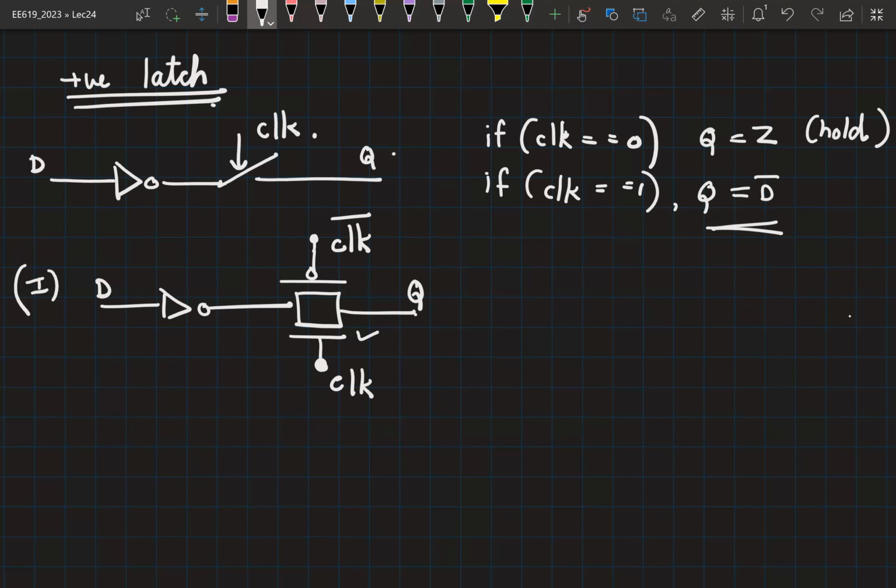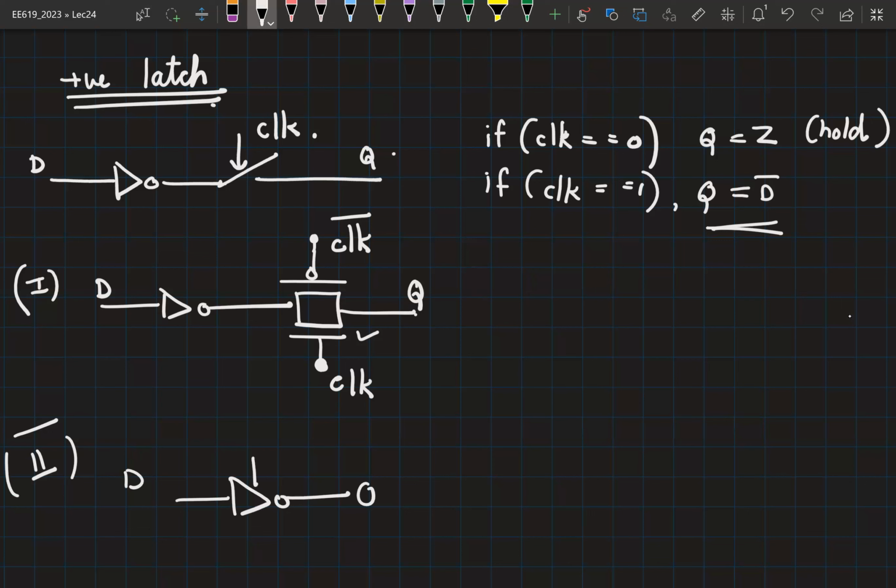A second implementation is, of course, to replace the transmission gate with a single NMOS transistor. Maybe another implementation can be, what if I absorb this transmission gate into the inverter? Then what circuit can I get? So if you absorb it and make some minor variations, you get a tri-state inverter. Right?